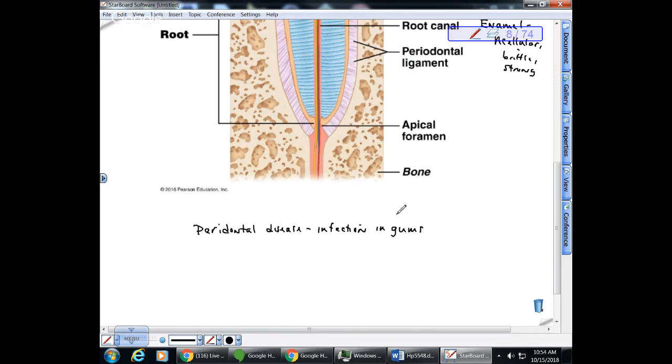Because what they found is that there's a link between bad bacteria in your mouth getting into your circulatory system and infecting the lining of your arteries and then causing plaque buildup. And so this leads to problems with the cardiovascular system. So the heart and the blood vessels.